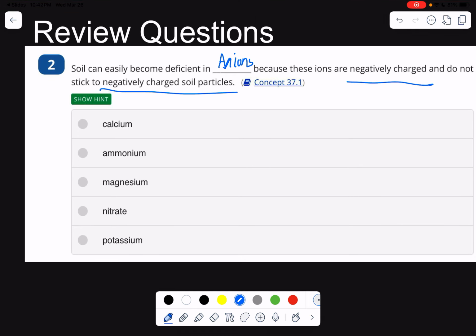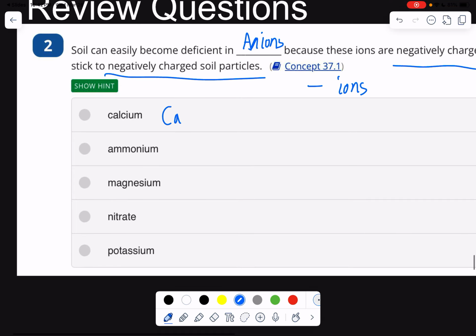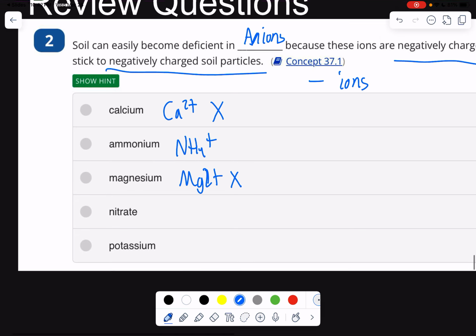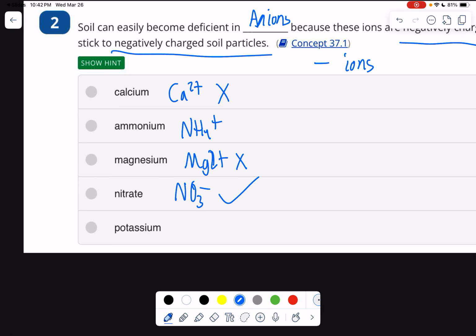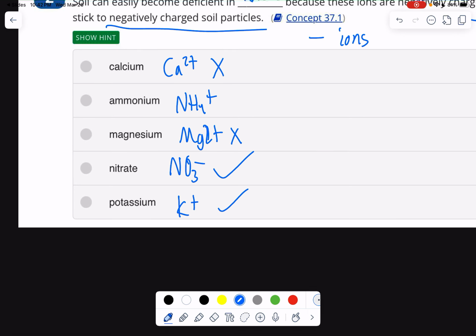What are anions? The negatively charged ions. So that means all we have to do is identify the negative ion from the list of nutrients we have here. Calcium, Ca2+, ammonium, NH4+, magnesium, Mg2+, nitrate, NO3-, yes, and potassium, K+, which is correct.